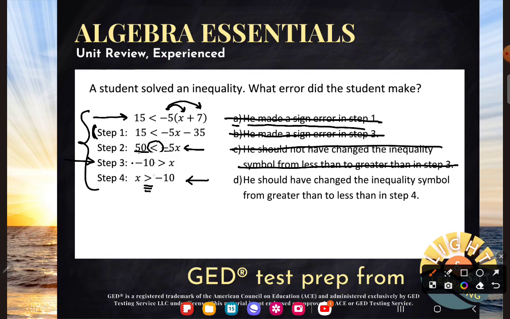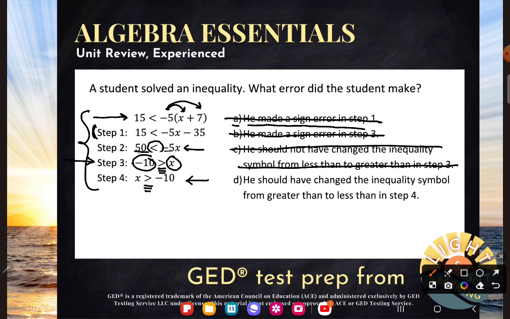And looking above that, we had a greater than symbol there as well. So what happened from step 3 to step 4? Well, in step 3, we had the x on the right-hand side and the -10 on the left. And all he did in step 4 was switch the order of that. He put x on the left and -10 on the right.